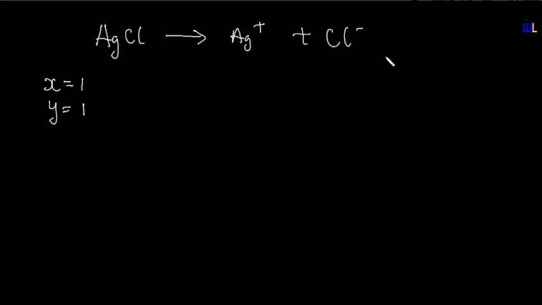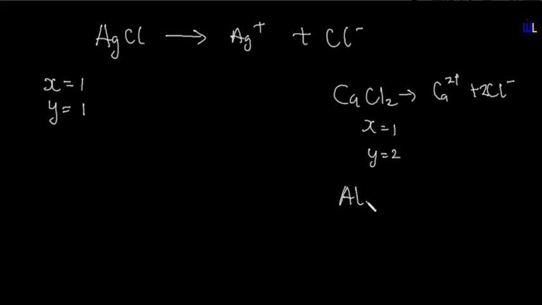If I had written CaCl2, it will be Ca 2 plus and Cl minus, because this number is the charge for this guy. But we're not considering the charge. Let's balance it. How many Ca is here? 1. How many Cl is here? 2. So we put 2. So what's x here? What is y here?